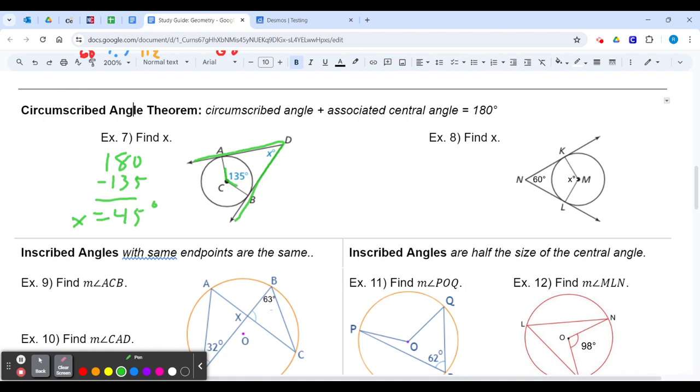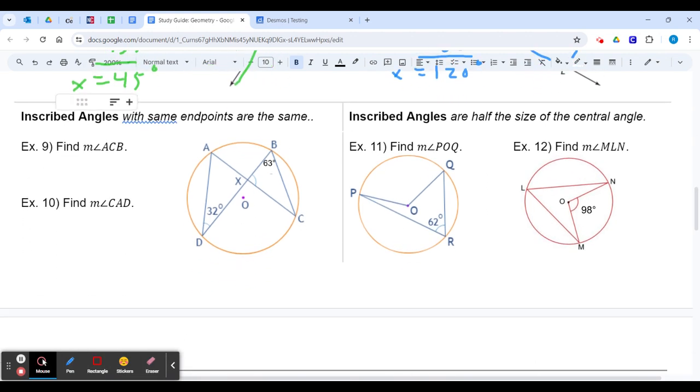And similarly, even if we're given the circumscribed angle in example 8, we can find that central angle with that same principle. If we just take 180 minus 60, that will give us 120 degrees, which is what x is equal to in this case.